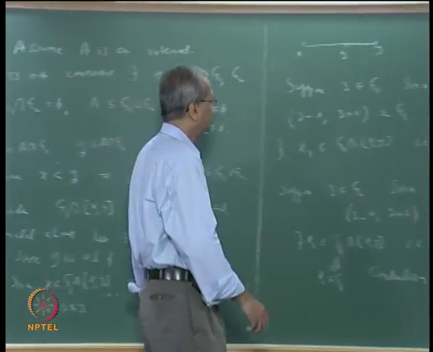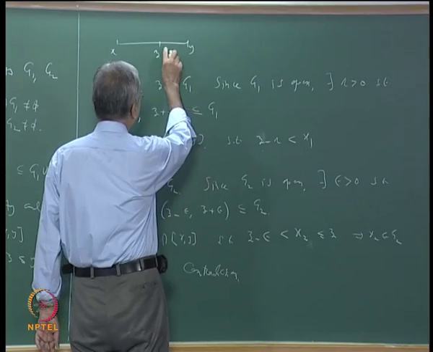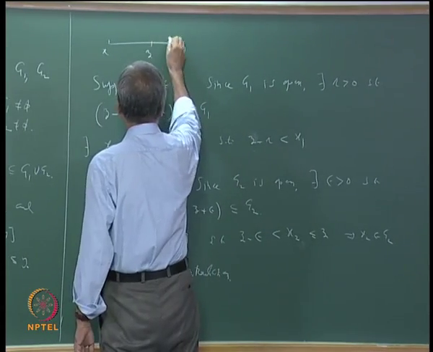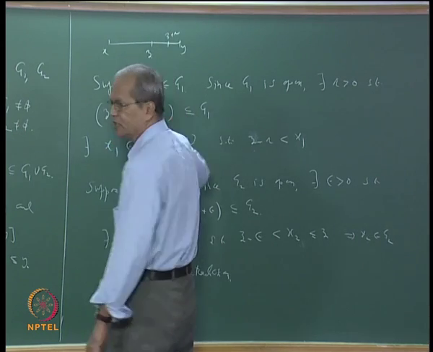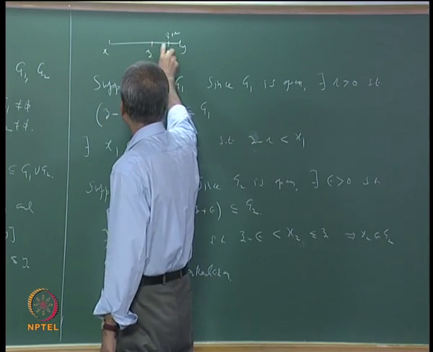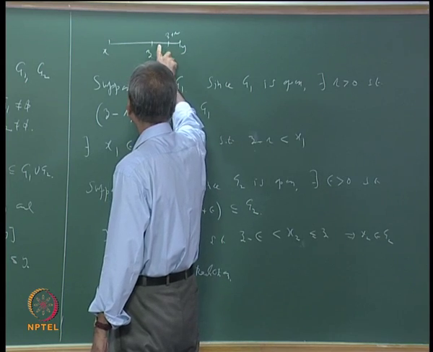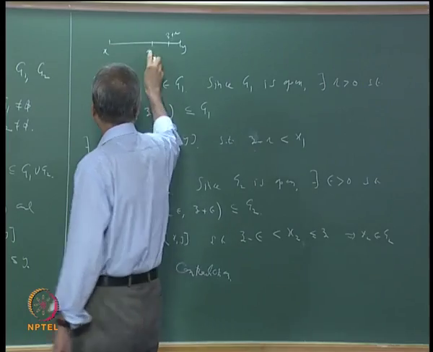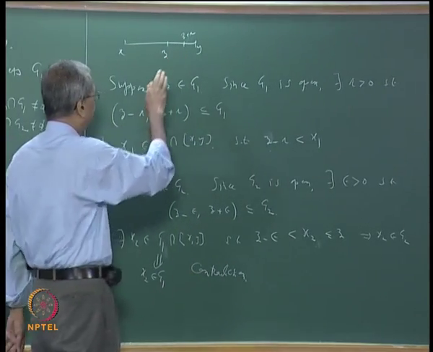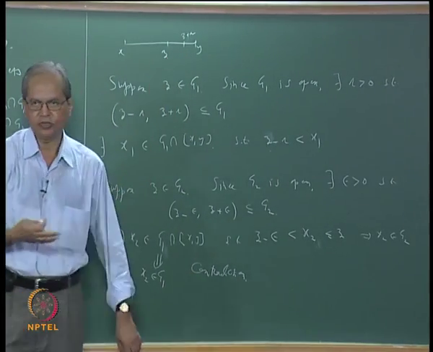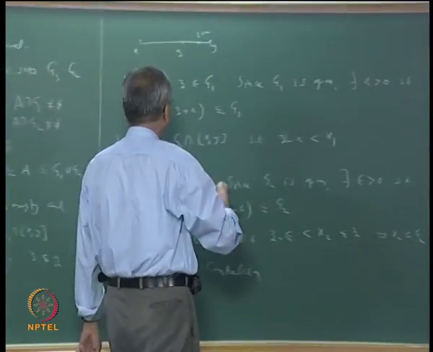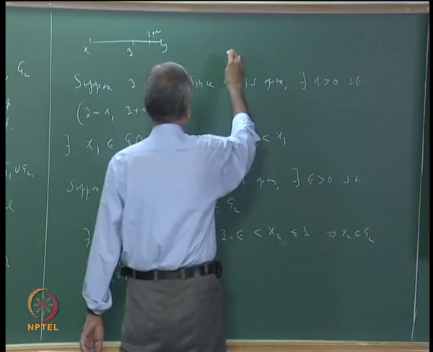So z plus r can be somewhere here. Suppose we take some number lying between z and y and z plus r. What I want is a number which is less than both y as well as z plus r. Suppose that number is x1.